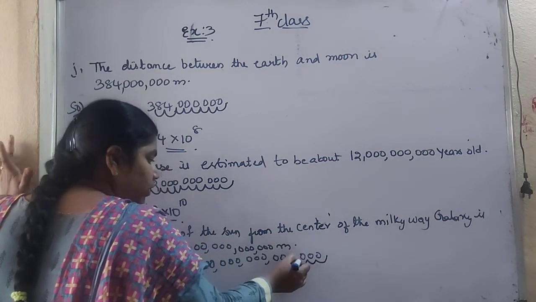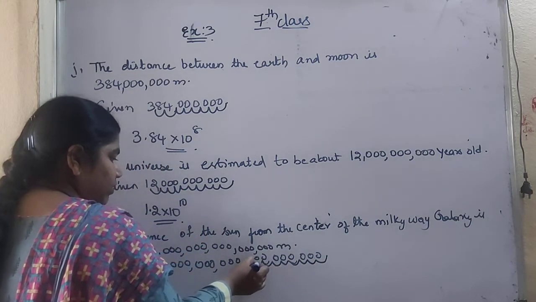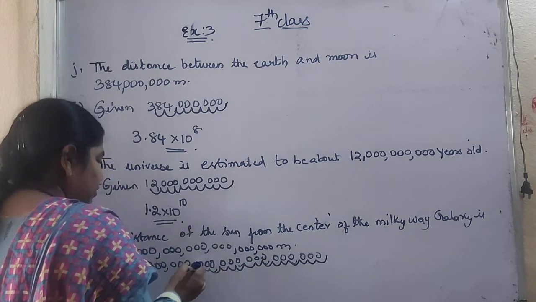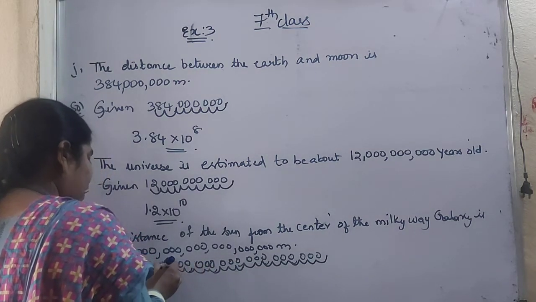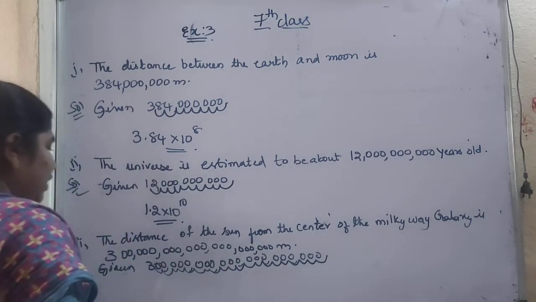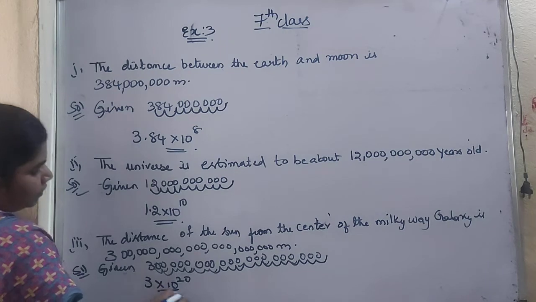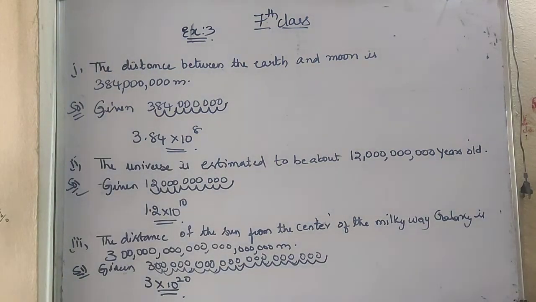So 1, 2, 3, 4, 5, 6, 7, 8, 9, 10, 11, 12, 13, 14, 15, 16, 17, 18, 19, 20. So the standard form is 3 into 10 power 20. So this is our standard form for the given number.